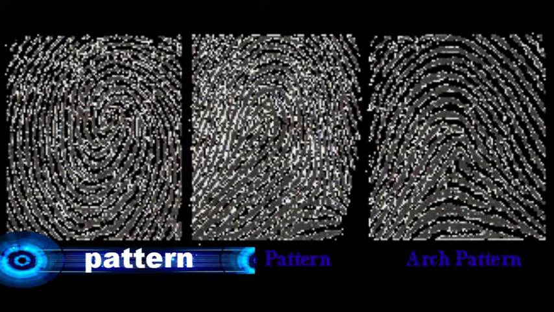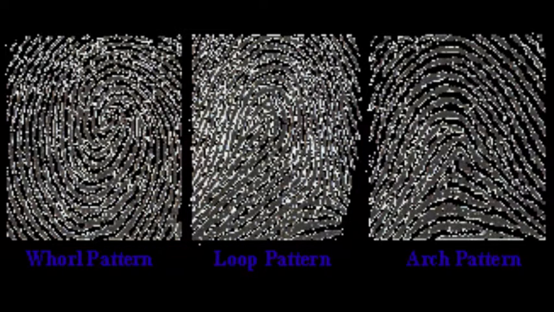Fingerprint recognition, or fingerprint authentication, refers to the automated method of verifying a match between two human fingerprints. Fingerprints are one of many forms of biometrics used to identify individuals and verify their identity.